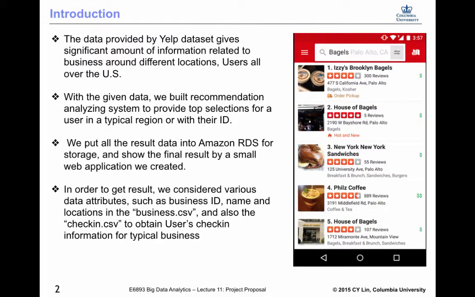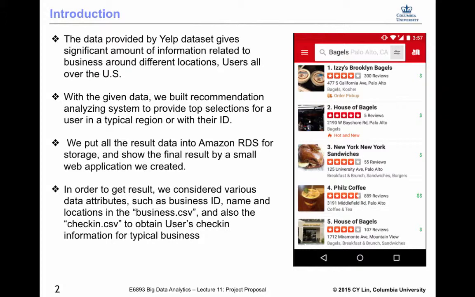The data provided by Yelp datasets gives a significant amount of information related to businesses around different locations, users all over the US. With the given data, we build a recommendation analyzing system to provide top selections for the user in a typical region or with their ID. We put all the result data into Amazon RDS for storage and show the final results by a small web application we created.